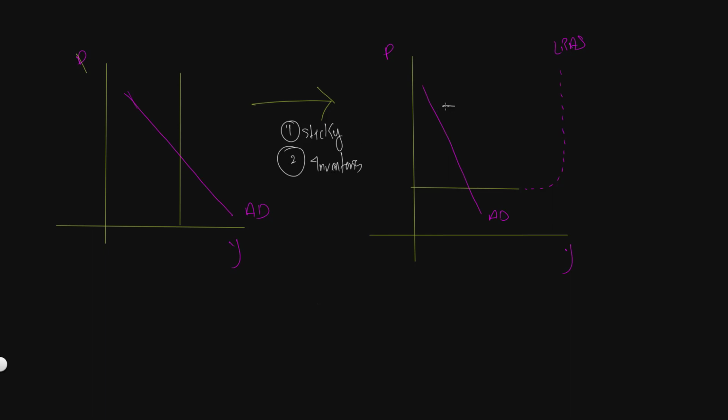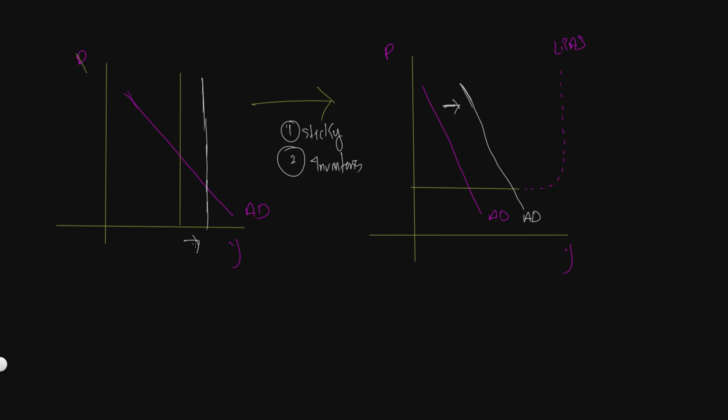The only way we can increase output in the short run is by increasing aggregate demand. And this was a key difference from the classical notion. Classicals argue that the only way we can increase aggregate output in the economy is by increasing aggregate supply.